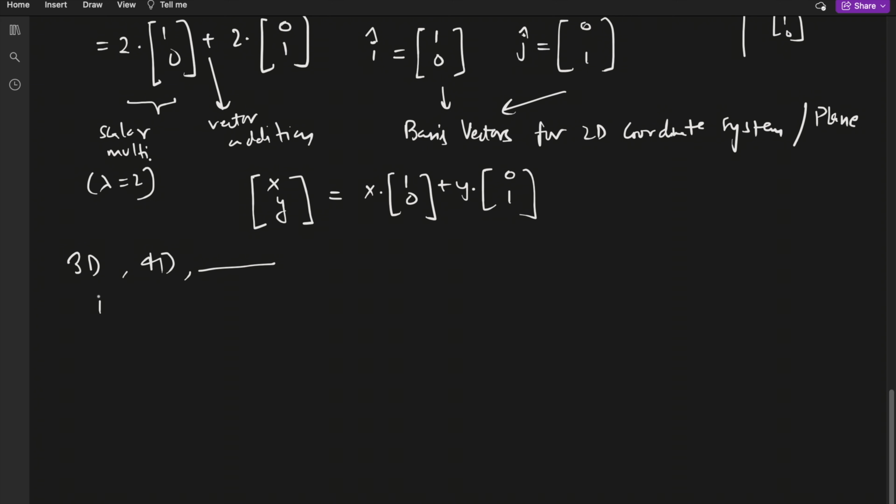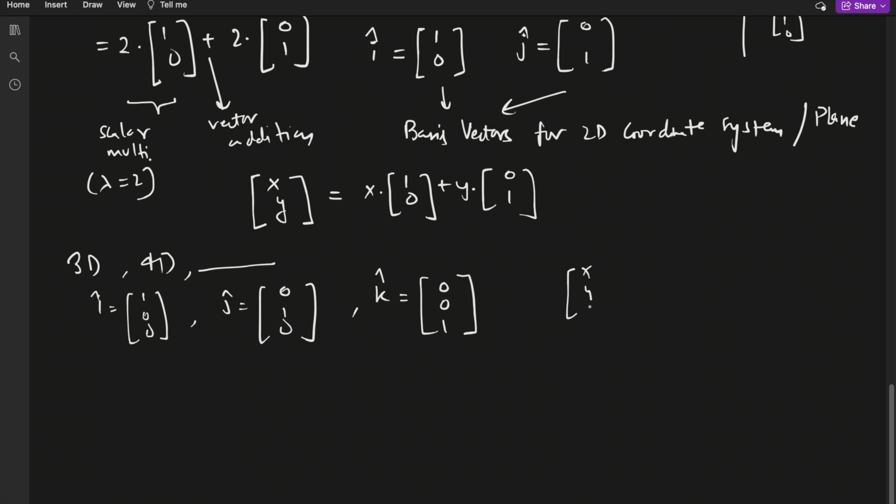In case of 3D, i hat becomes 1 0 0, j hat becomes 0 1 0, and k hat becomes 0 0 1. So in 3D, any three-dimensional vector x y z is nothing but a linear combination of these three basis vectors i, j, k.